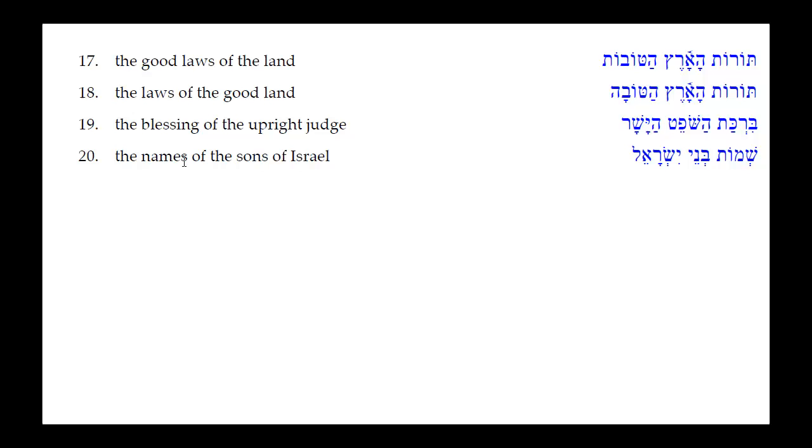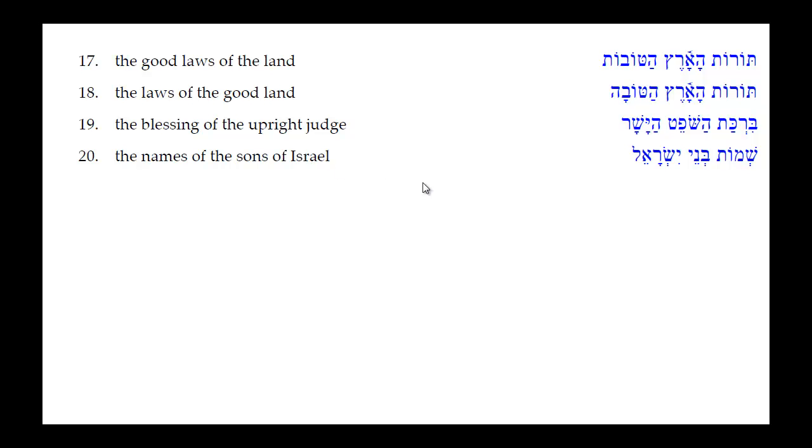The names of the sons of Israel. Here we have a double construct noun, because we've got two ofs here. Names has to be in construct and sons has to be in construct. Israel is the absolute noun. And since Israel is a proper name, remember, it's going to be understood to be definite. So the definite articles are going to go on those construct nouns here.